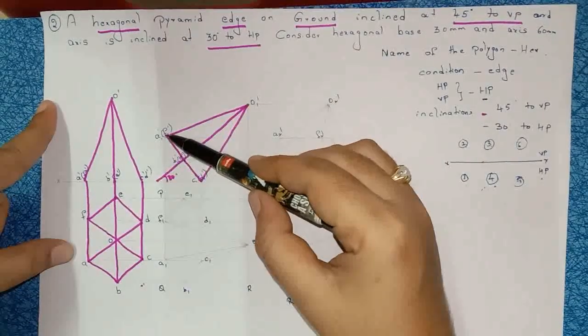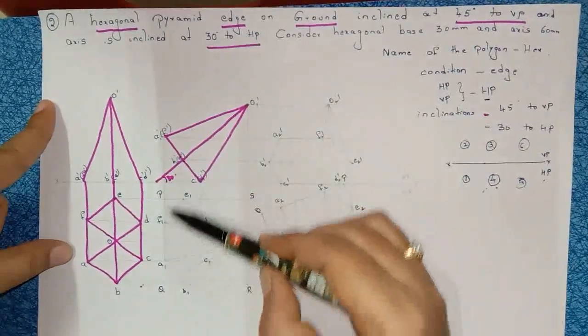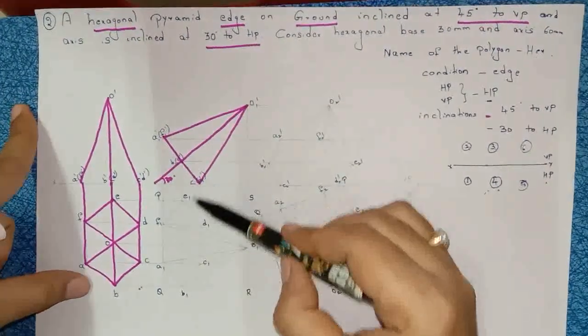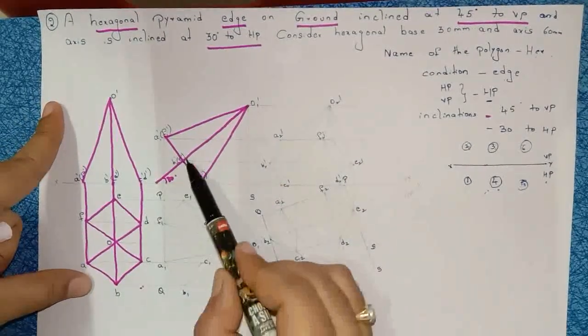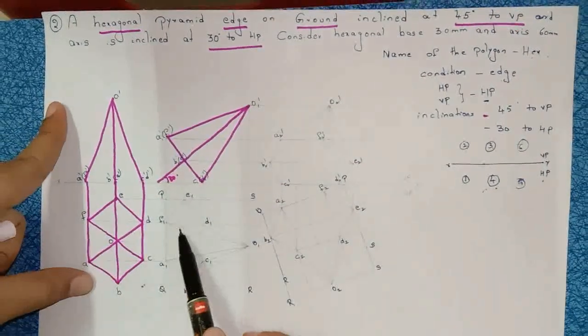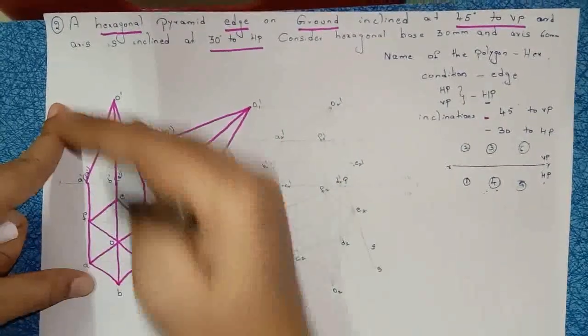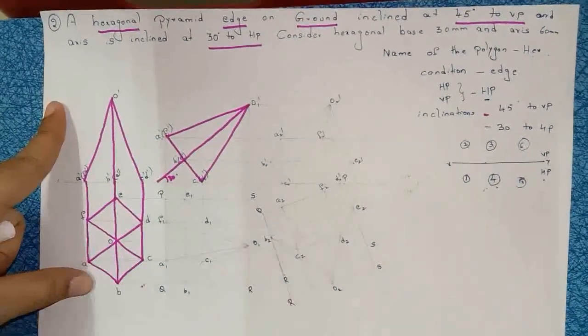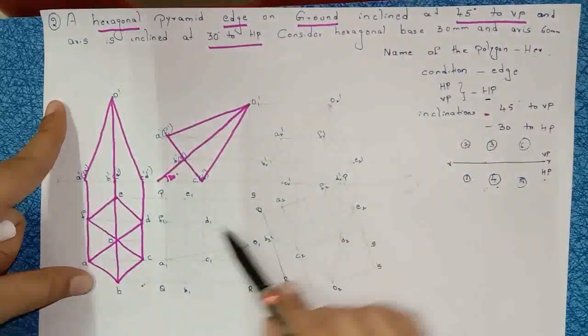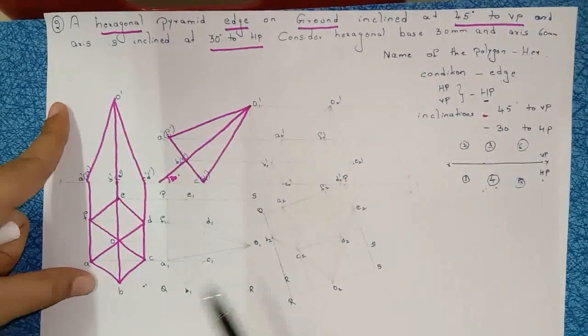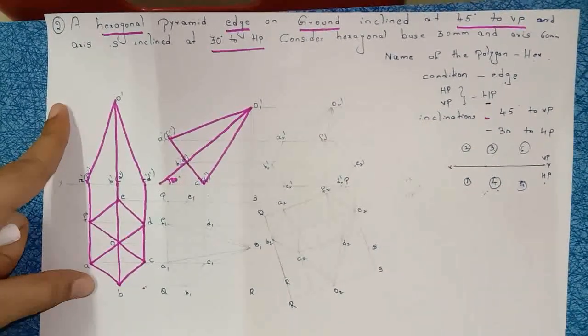After that, do the projections from A to A, B to B, C to C, D to D, E to E, F to F. Join these horizontal and vertical lines. At last, from O to O also you have to draw the projection lines.